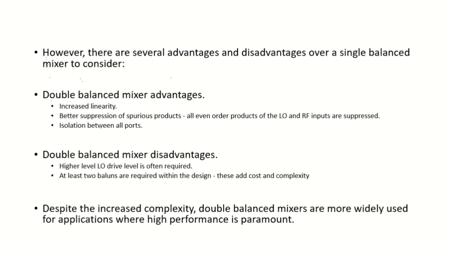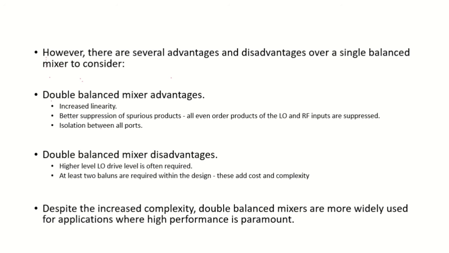Okay, and then however there is a disadvantage. A higher LO drive level is often required. So to use the double balance mixer, it requires a high frequency local oscillator. Its frequency must be higher than the RF frequency. At least 2 baluns are required within the design.